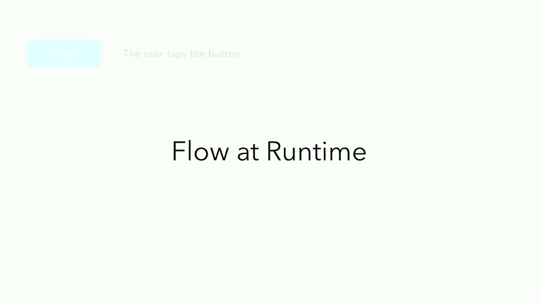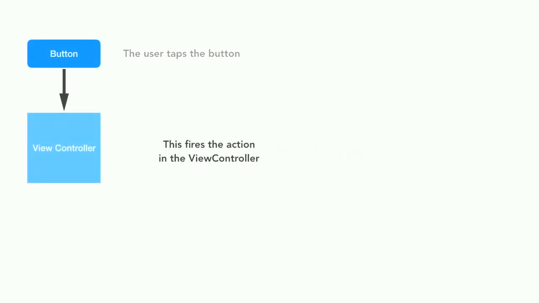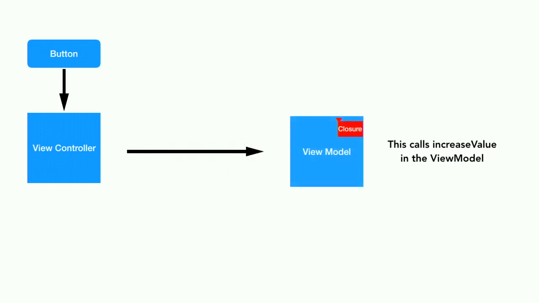So let's take stock. Here's my flow at runtime. I've got my button. The user taps the button. That fires an action in the view controller. The view controller has sent messages across to the view model, and what it's saying is, hey, can you increase your value? And the view model says, I will.